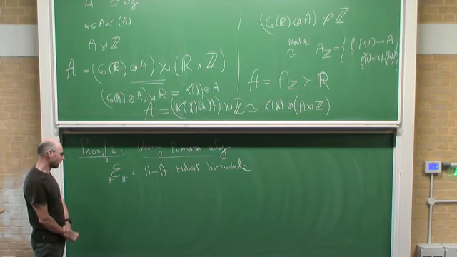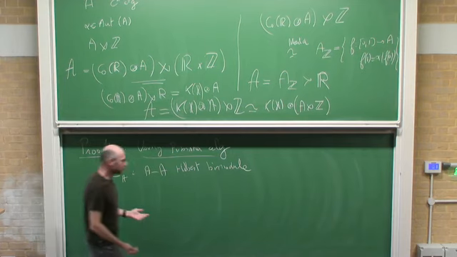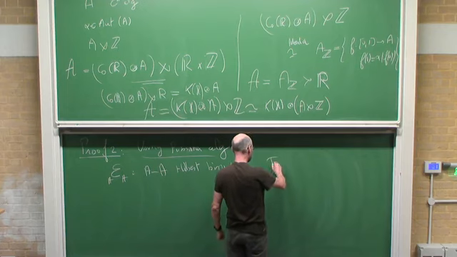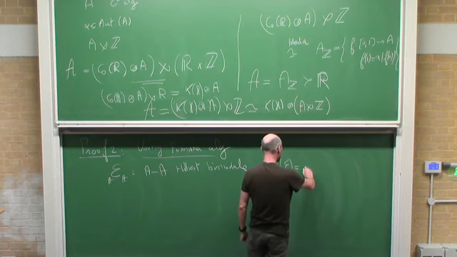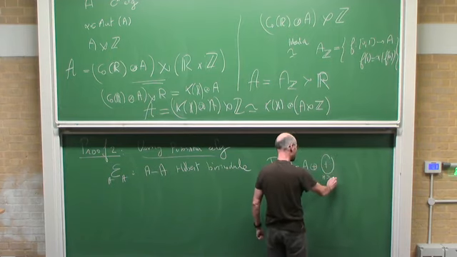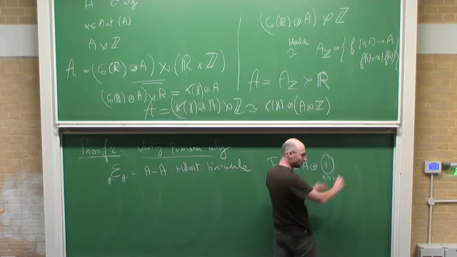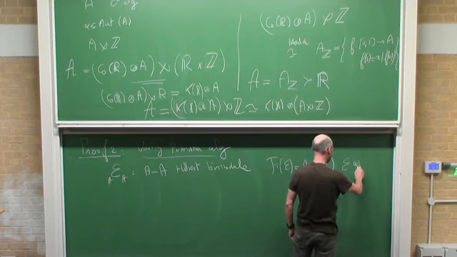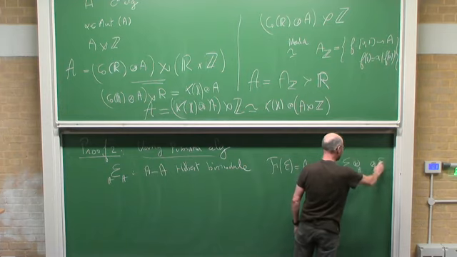And you can construct the Fock space. So it's going to be the sum over k of E tensor k, and you tensor the E's over A a certain number of times.